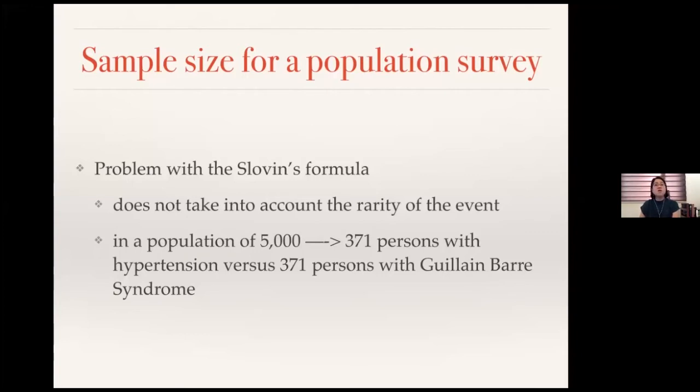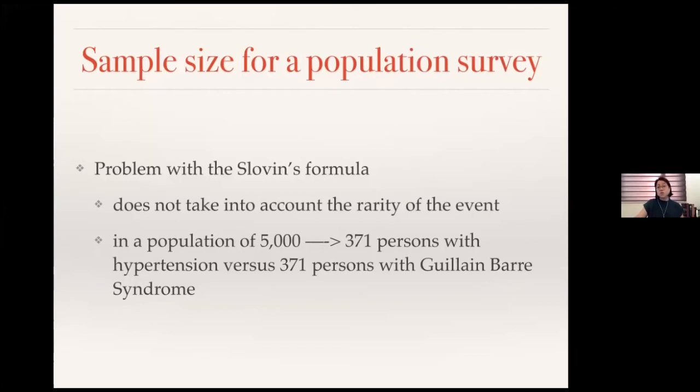So when will you finish your study? When will you be able to recruit 371 persons in that 5,000 who have Guillain-Barré syndrome? It's close to impossible, right? So that's the problem with Slovin's formula. It doesn't take into account the rarity of the event, such as in our health statistics.